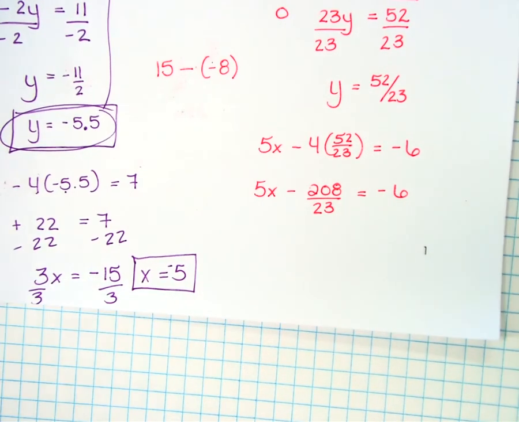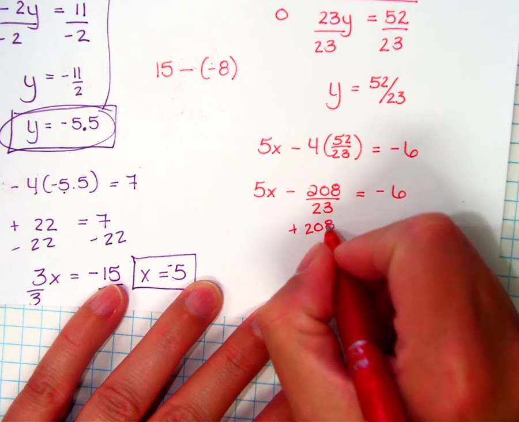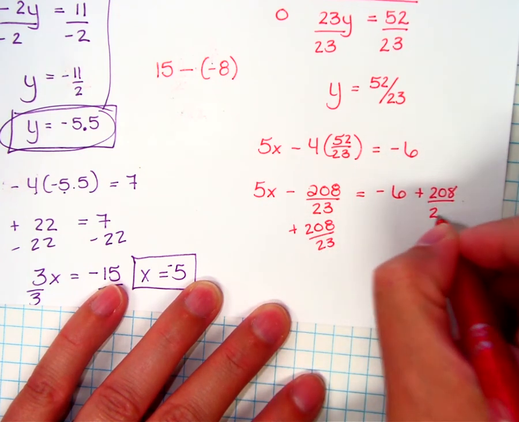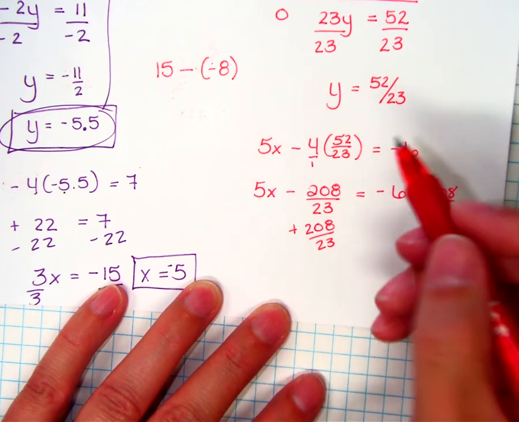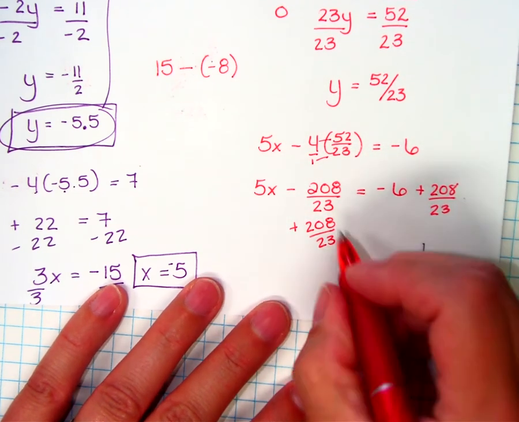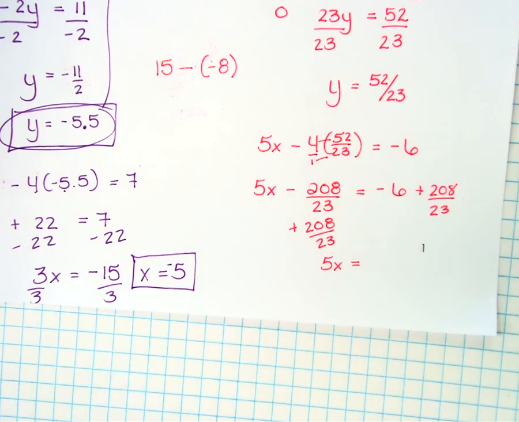Can I reduce that fraction at all? Does 23 go into 208? Not really. Okay, so we're going to leave that fraction as big and as ugly as it is. You guys know that this is 4 over 1, and when we multiply fractions, it's straight across the top, straight across the bottom. So I'm going to have 5x, and when we're adding fractions, what do they need?